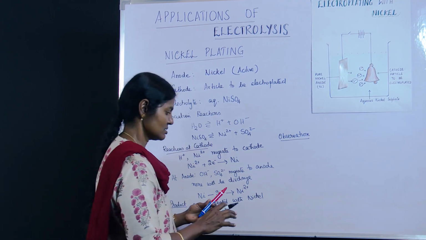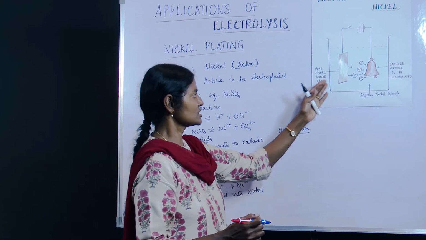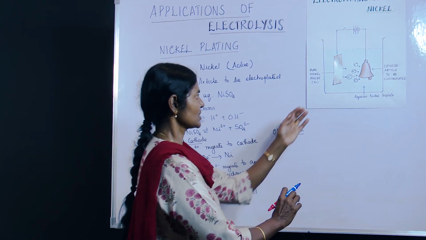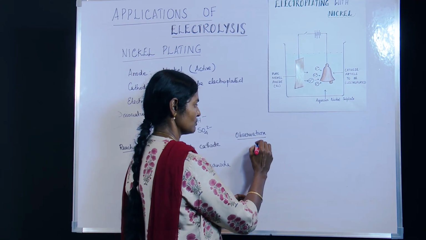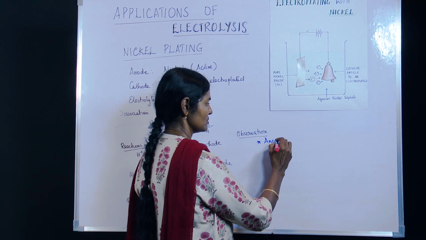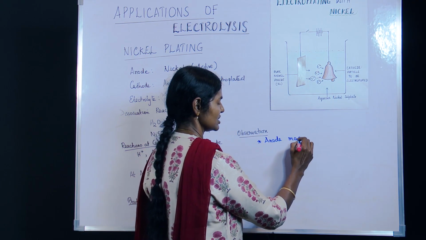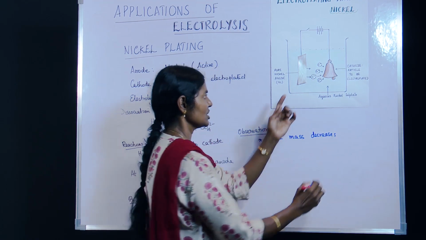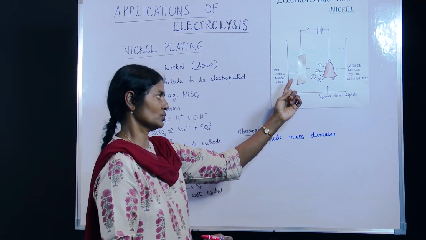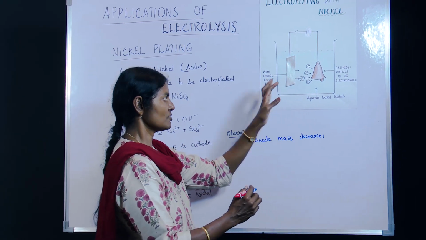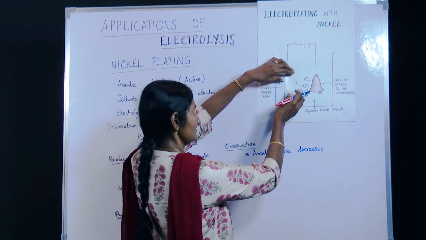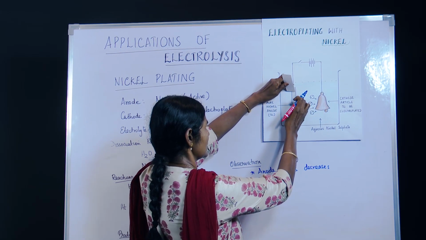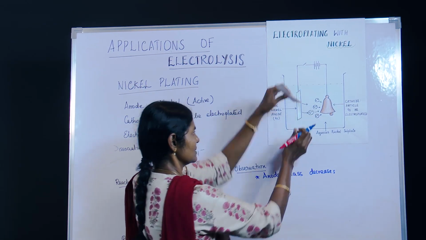What has happened? The anode is slowly getting ionized. Therefore, the anode mass decreases. Initially it is so big, so huge, but slowly after the plating gets over, this anode mass would decrease and it becomes thinner.